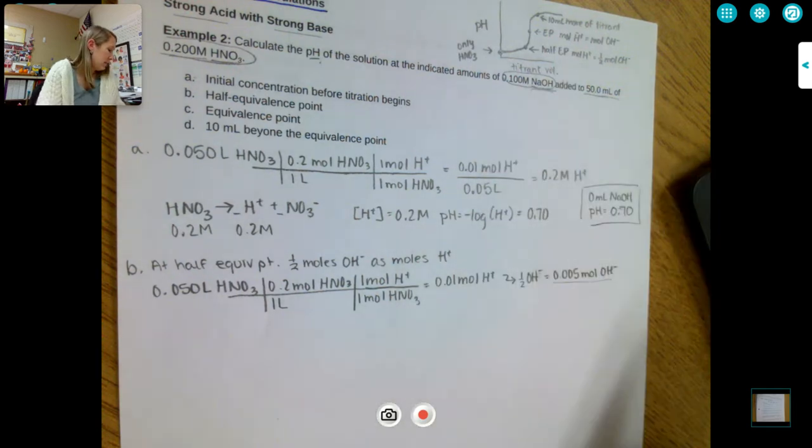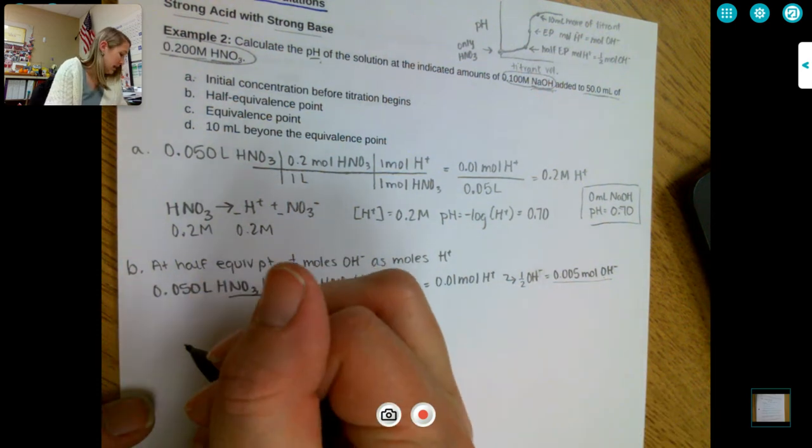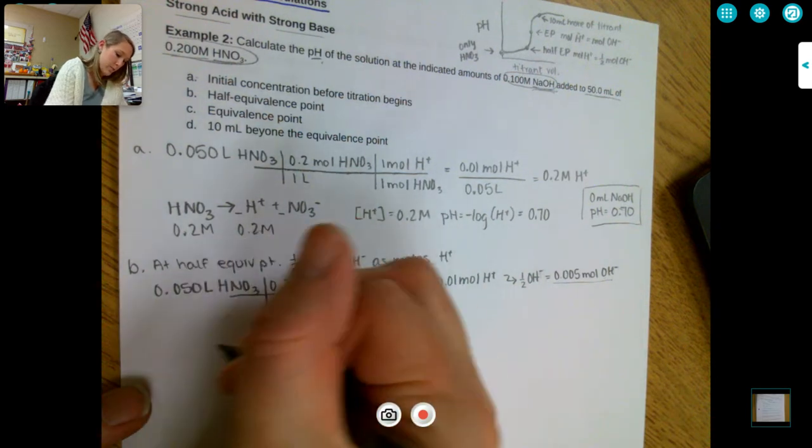that is. I need to know what volume of sodium hydroxide that is, and I need to figure out my concentration. So I am first going to figure out my volume.